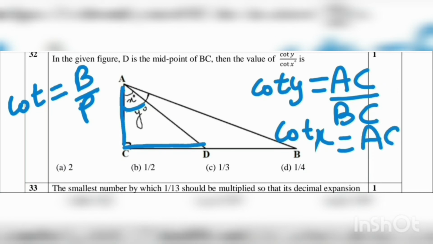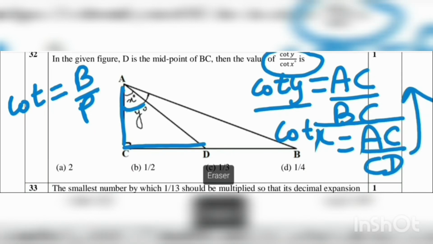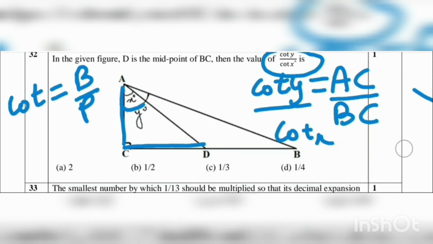Now we have to divide, because we have to find cot y upon cot x. We have to divide these two. When we divide these two ratios, this will go up and get reciprocal. So it will become AC upon BC into, it will go up and multiply CD upon AC. AC will cancel. Answer will be CD upon BC.